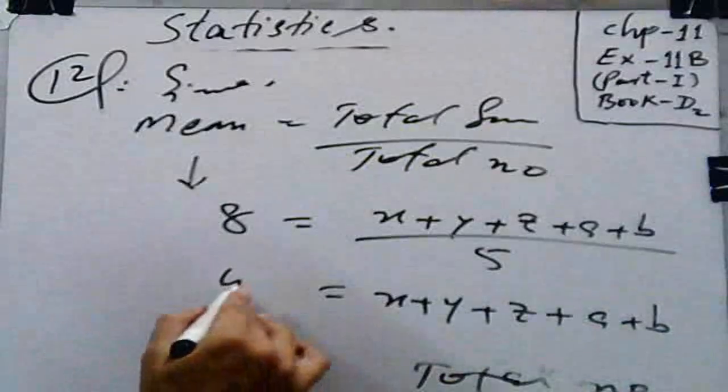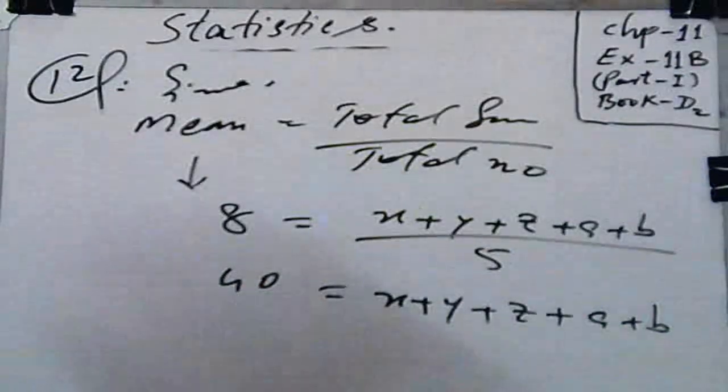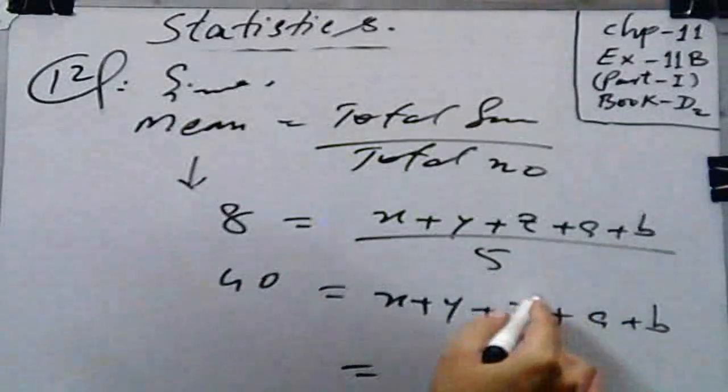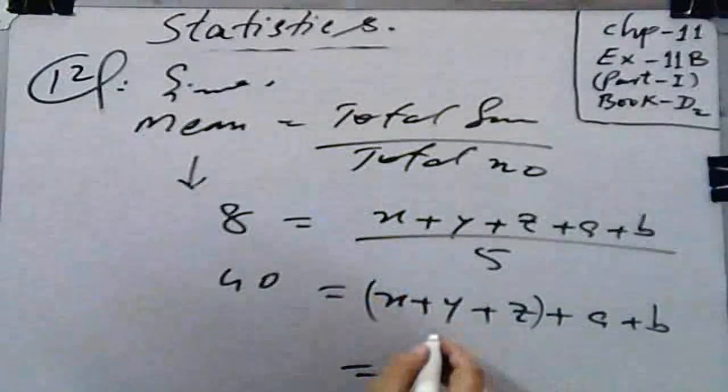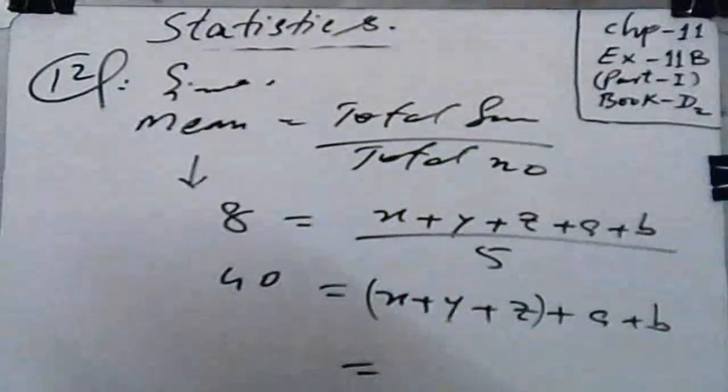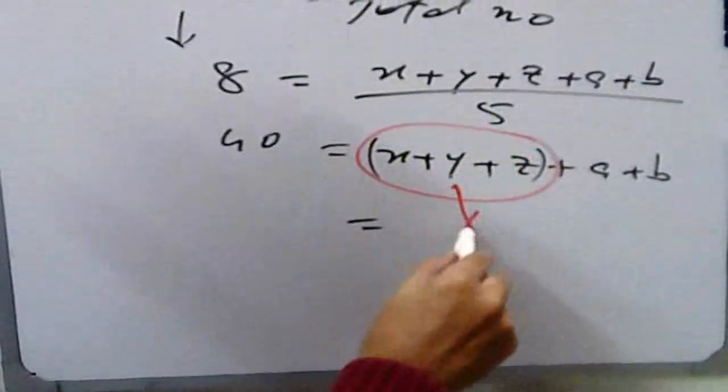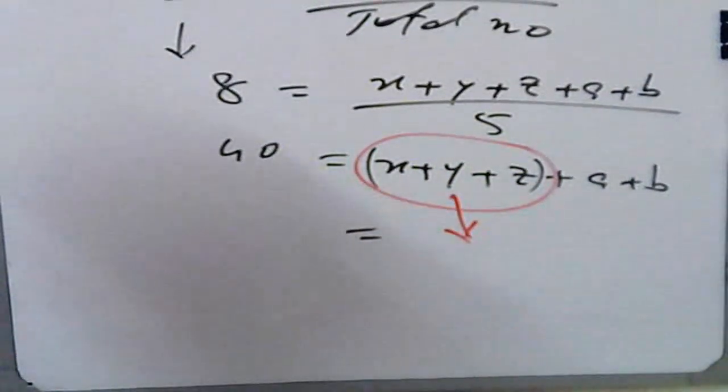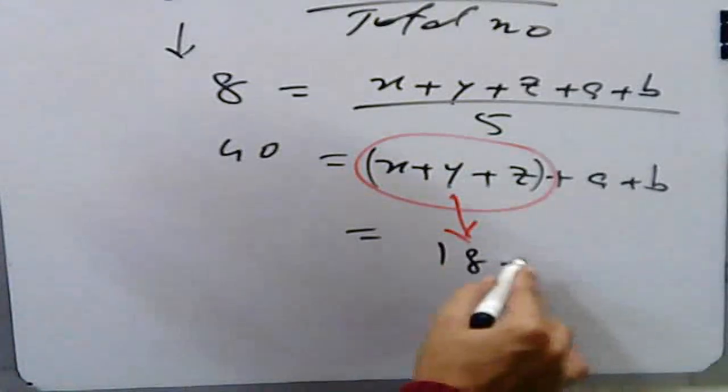So for the first step we found the value of x plus y plus z. Put the values here: x plus y plus z is equal to 18, and x plus y plus z plus a plus b is 40.